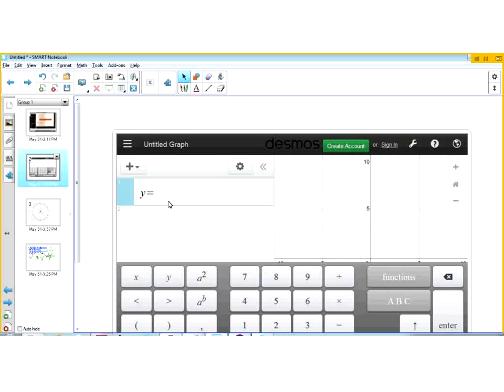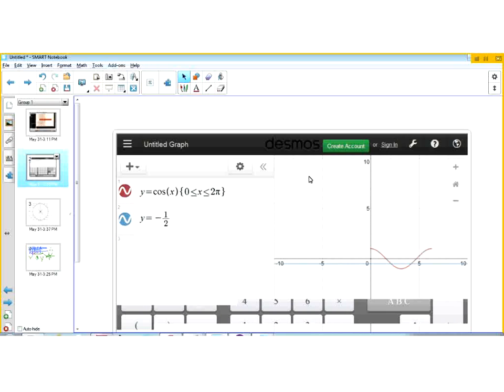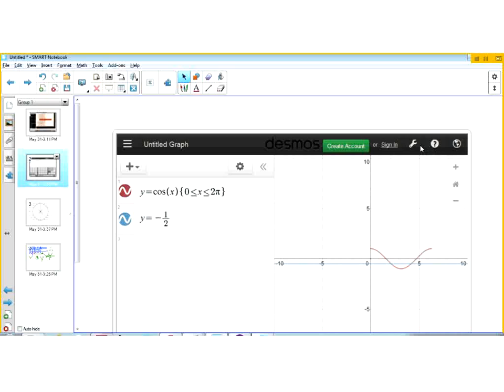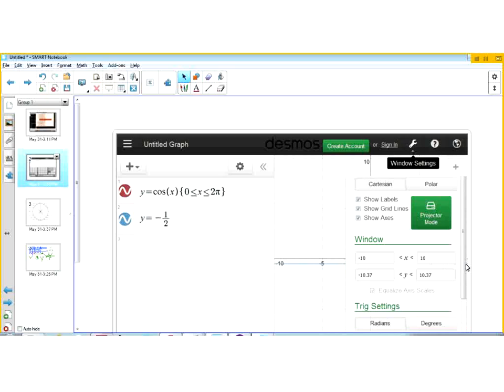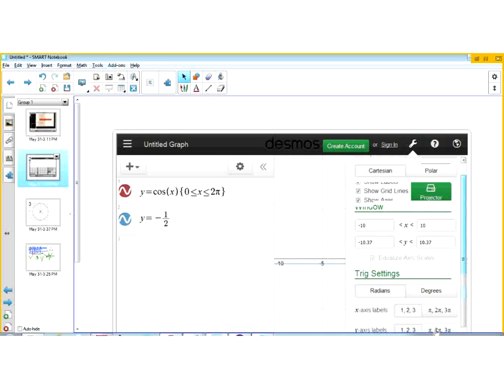So y is equal to cosine x from 0 less than or equal to x less than or equal to 2 pi, and y is equal to negative 1/2. So we're interested in where the outputs are. Let's adjust our x-axis to be in terms of pi.